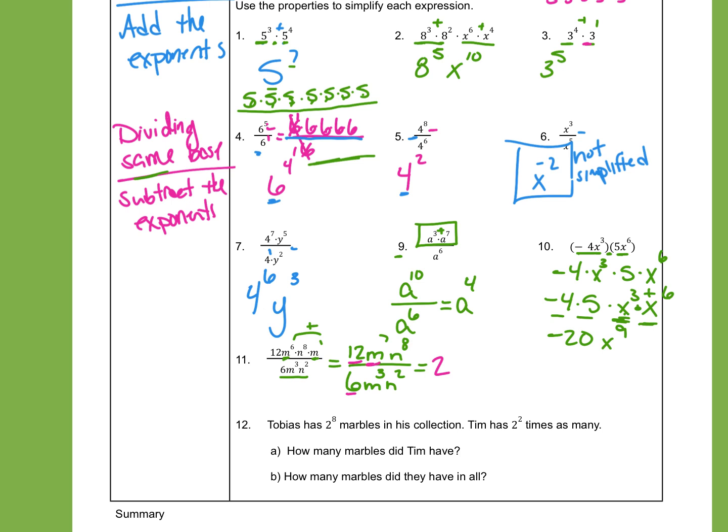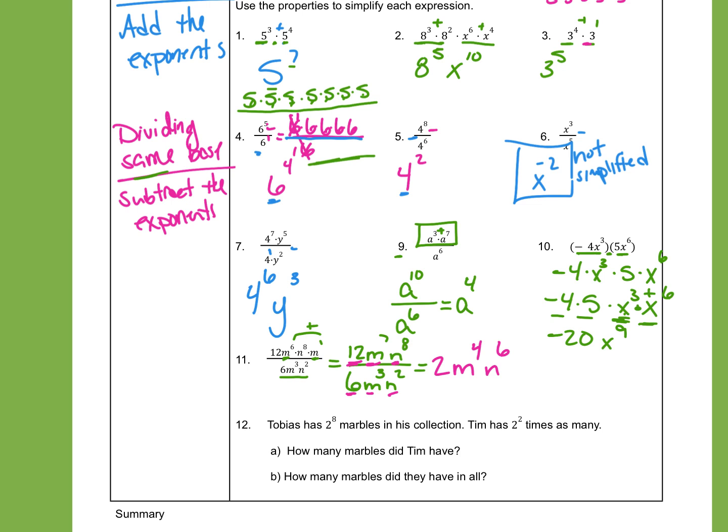M has like bases, m and m, so when they're like bases and we're dividing, we subtract the exponents. 7 minus 3 is 4. Again, that's an exponent rule. That's why with the 12 and 6, we just regular divided, because it's not exponents. With the exponent rule, we can subtract the exponents. Same here, n and n, so I can subtract those exponents, use that exponent rule. 8 minus 2 is 6.